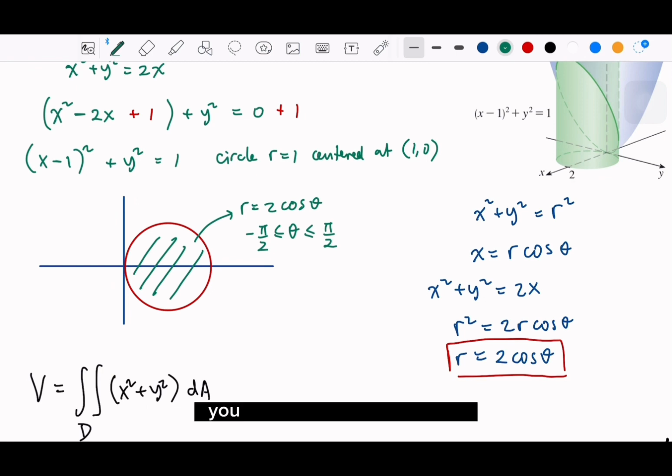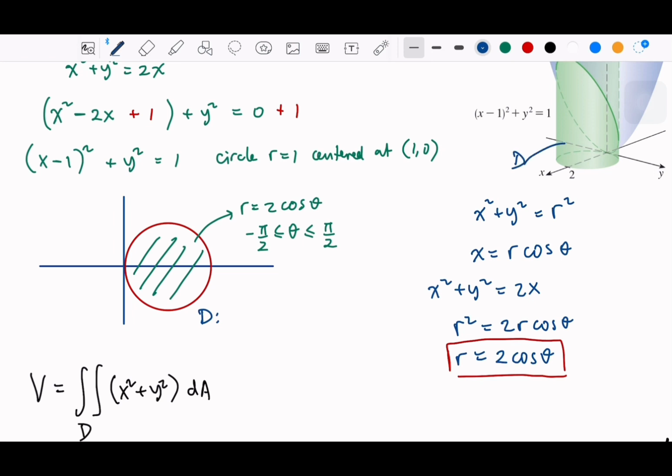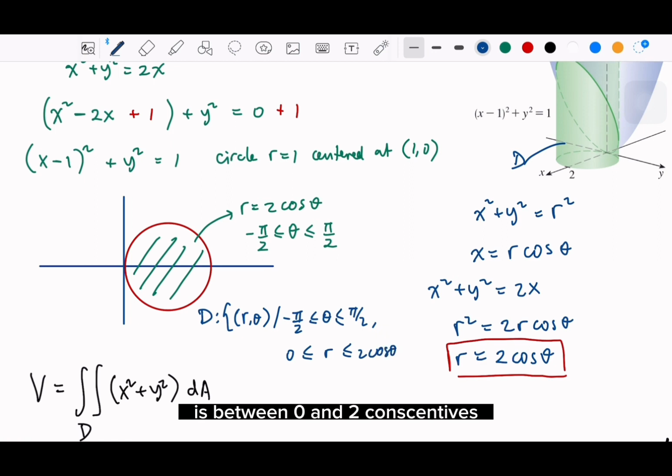You could say pi over 2 to 3 over 2 pi, but this will be the same for cosine because cosine has a positive value in the fourth quadrant, right? Based on what we have here, we could define D in terms of r theta, that theta is between this, and r is between 0 and 2 cosine theta.